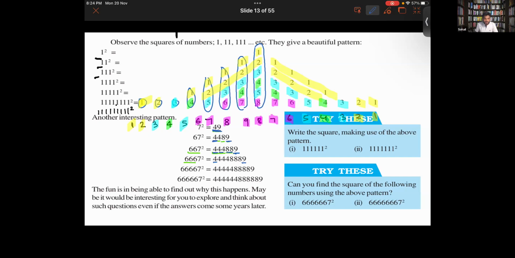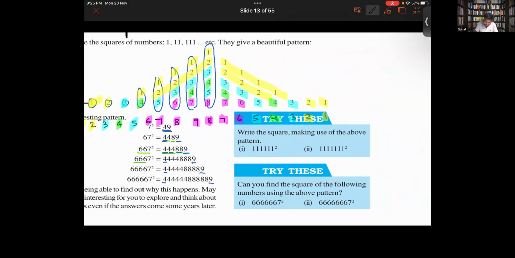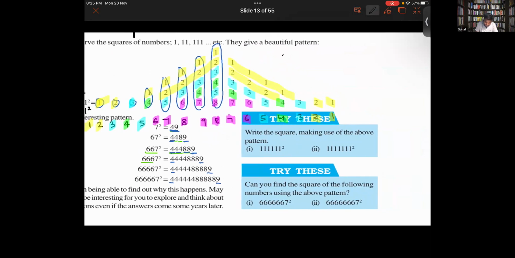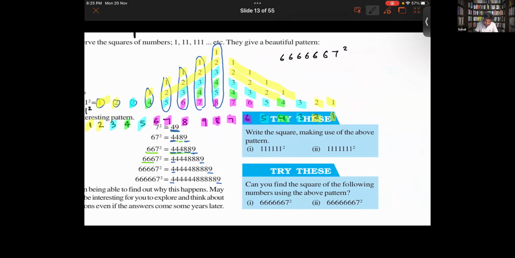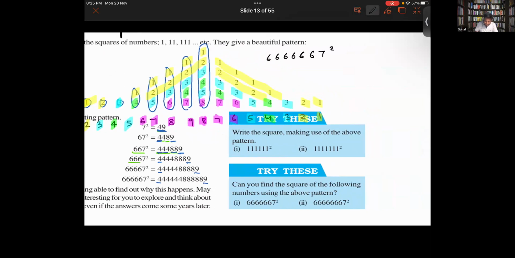For the next number, again you have got 4 4s and 4 8s. For the next one, you have got 5 4s and 5 8s. So say if I were to give you some more numbers, like if I were to say find for this one, what number you will be getting here?